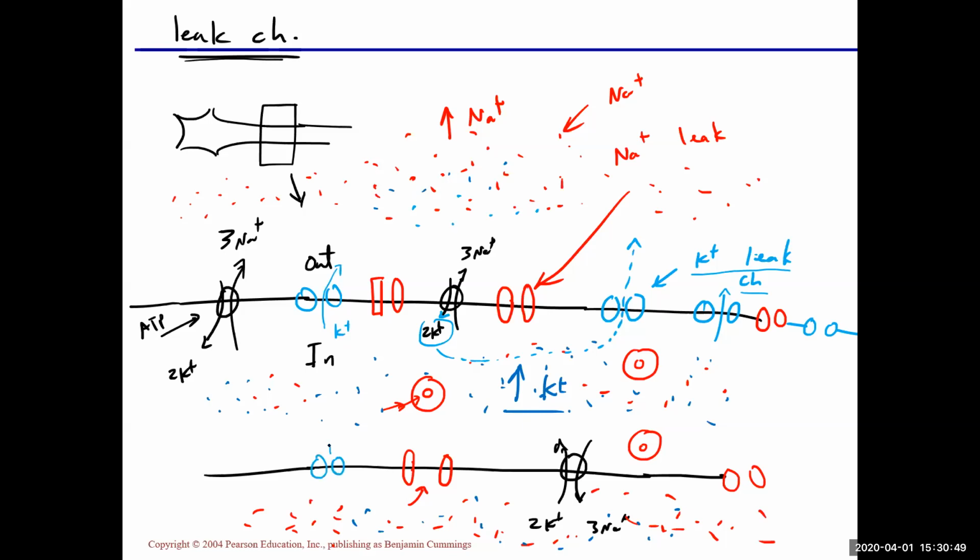Compared to the number of sodium channels, you actually have more potassium channels open, and so more potassium can leave through this non-voltage gated, always open, leak channel.